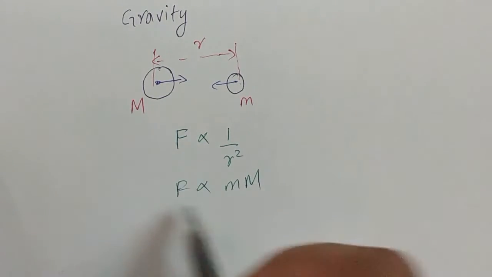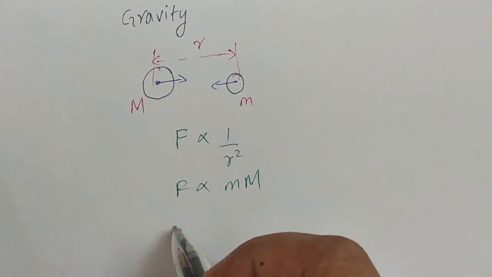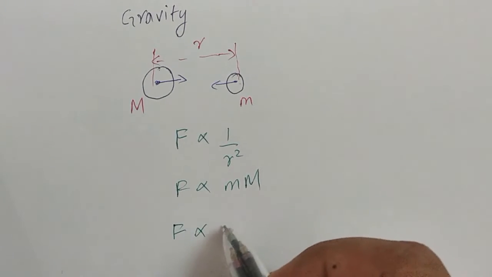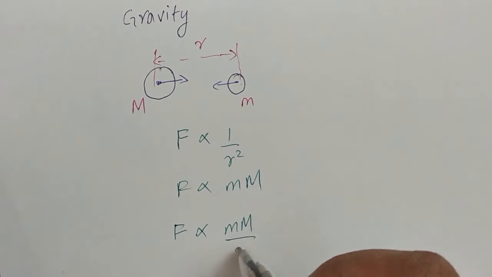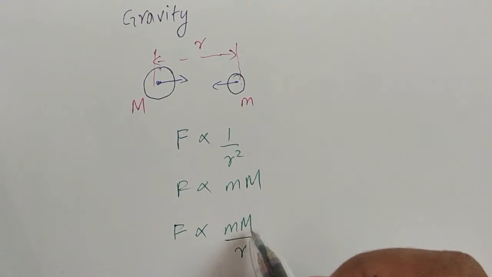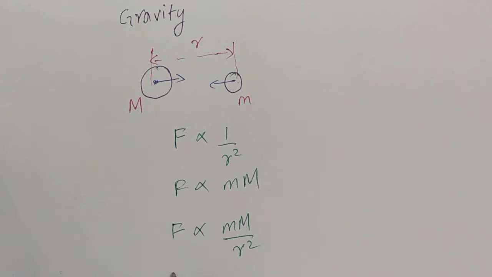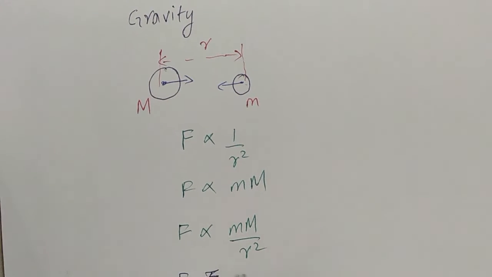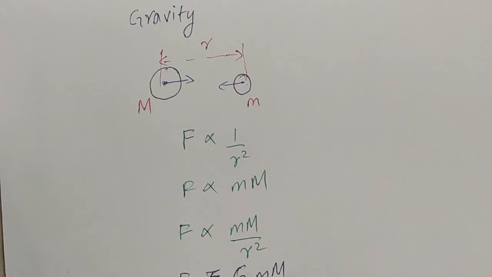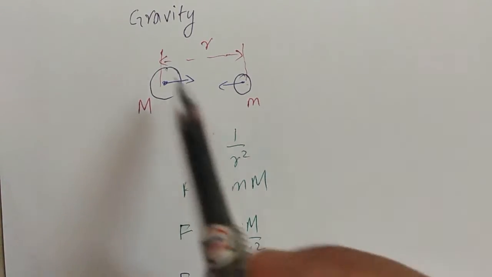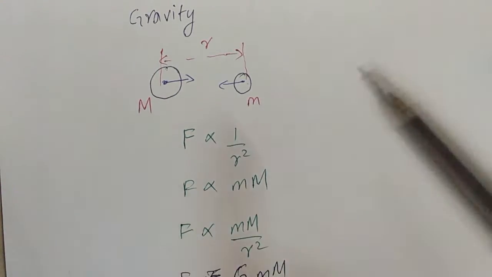If you combine these two, it becomes proportional to Mm divided by r square. To remove the proportionality sign, we use a constant known as the universal gravitational constant. So this is the force that exists between these two objects, attractive in nature.